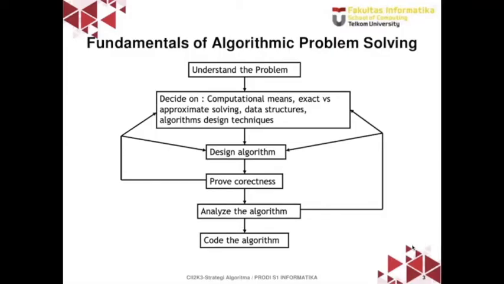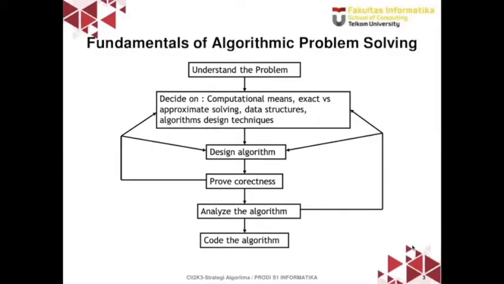If we have a problem and we want to solve it, we first, of course, need to understand the problem. But instead of directly coding the algorithm to solve the problem, we actually need to decide on computational means, exact versus approximate solving, data structures, and also algorithm design techniques.